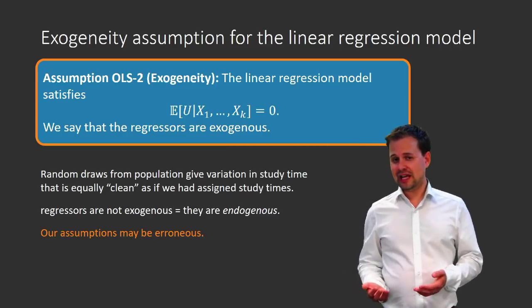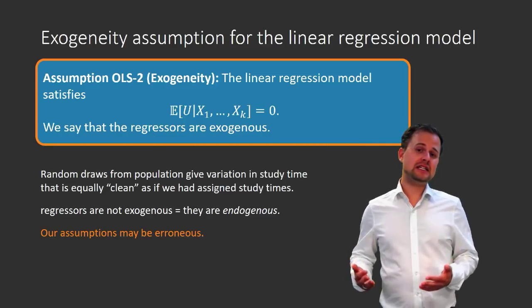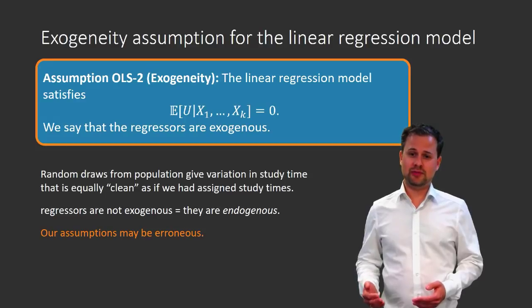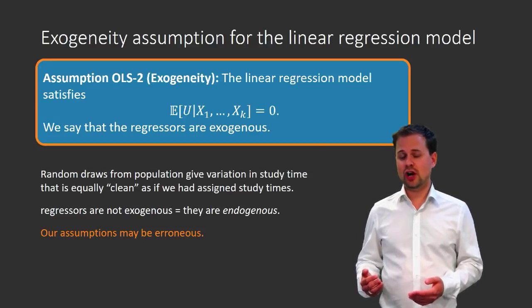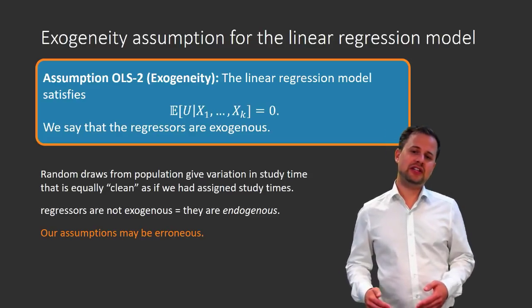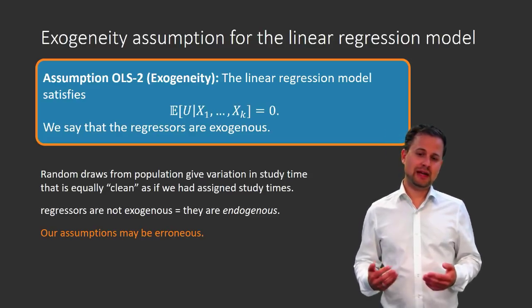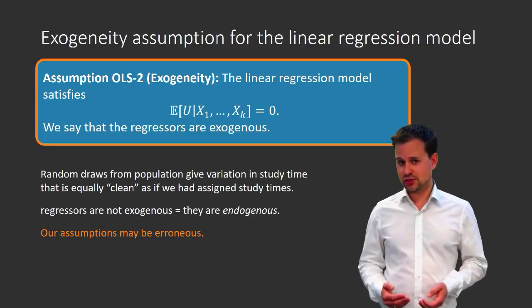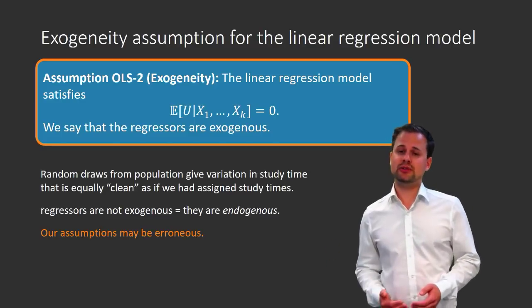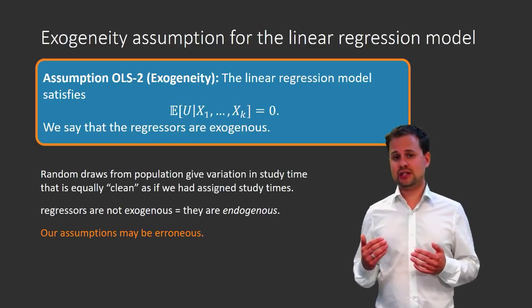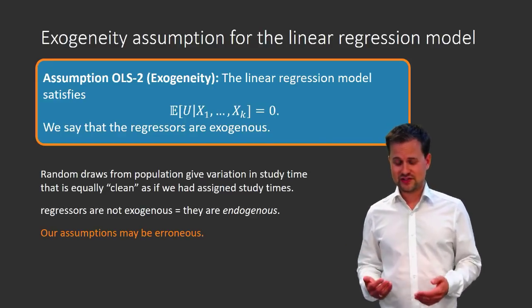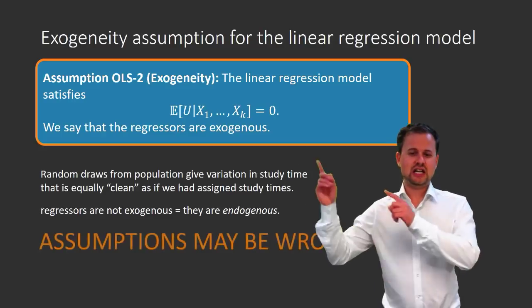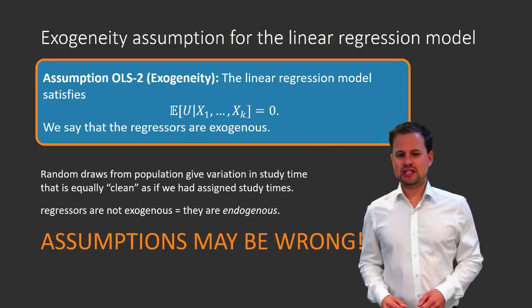And in fact, whenever you do an empirical analysis, a great part of the work that you have to do is to offer convincing evidence that the assumptions that you're making when you introduce your empirical model, such as a linear regression model, are plausible. So this deserves more attention. So the assumptions may be wrong.